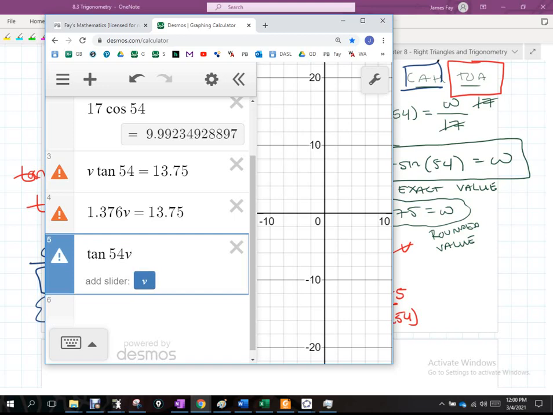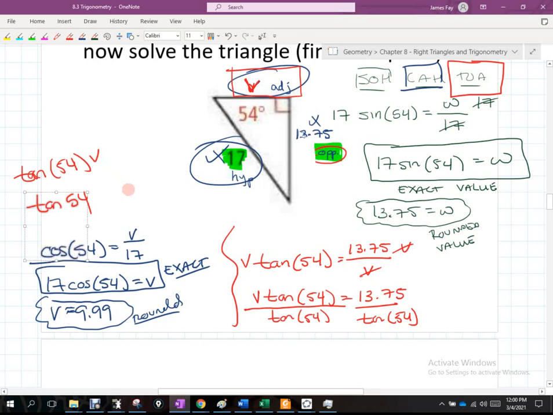Am I taking tangent of this, or is it what I wanted up here? So there's ambiguity there, and to remove that, we put the variable in front, and now there's no question of whether it should be with that 54 or not. Does that make sense?